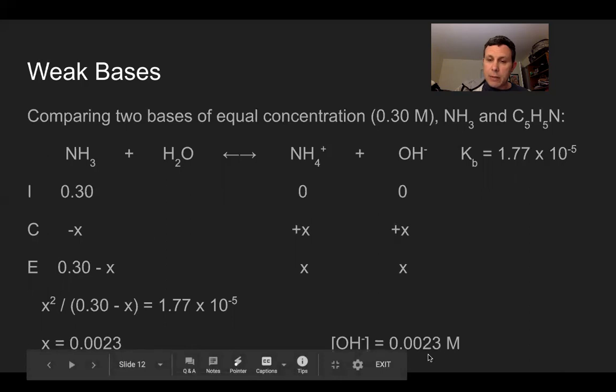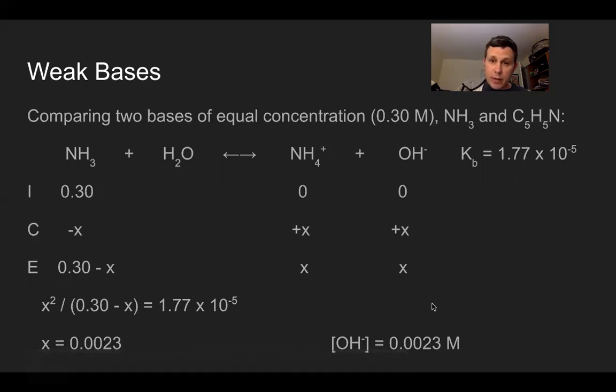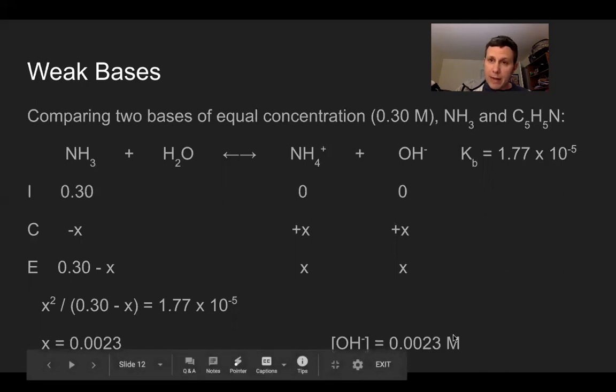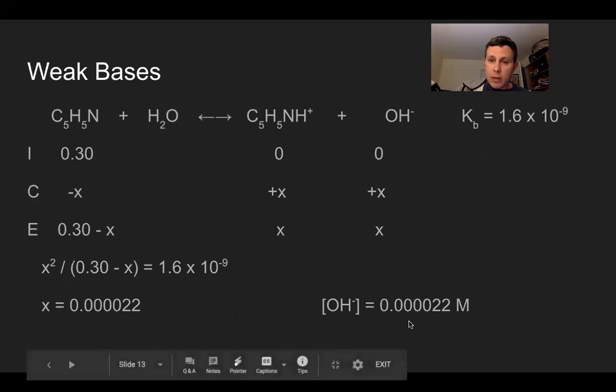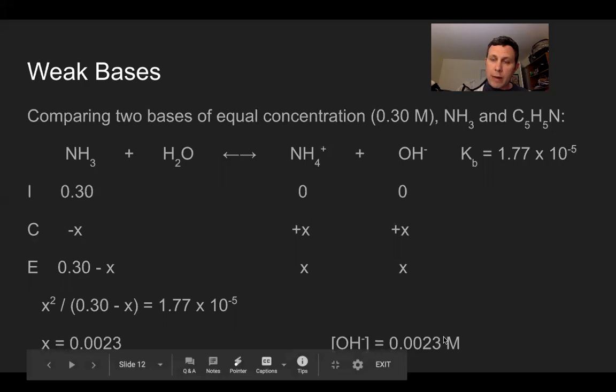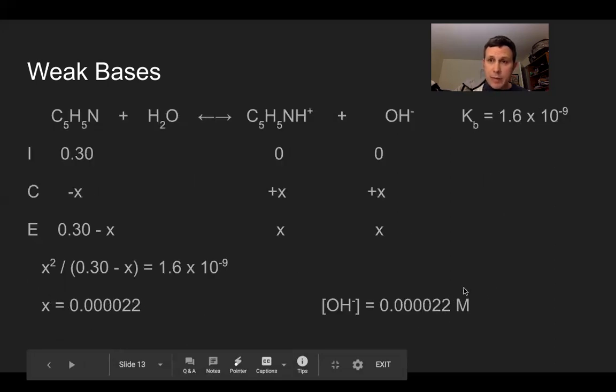At equilibrium, its OH minus will be 0.0023. Again, if this were NaOH at 0.3, you would have 0.3 OH minus at equilibrium. That's not the case here. The next one has a smaller Kb, and so we get a smaller OH minus. So this first one had more OH minus, so its pH is going to be higher, because it had a stronger Kb, and this one had less OH minus, so its pH will be lower.